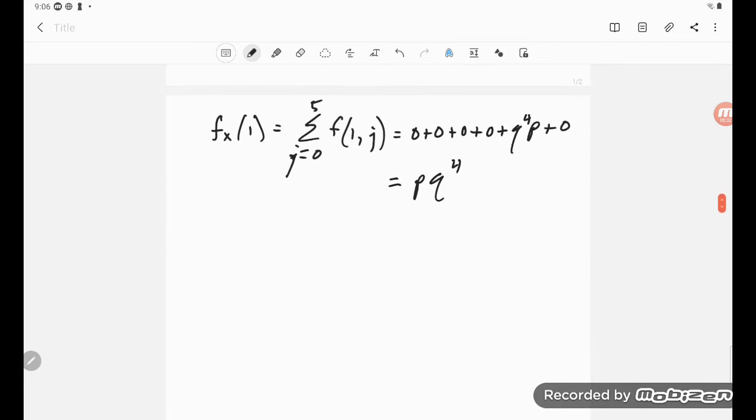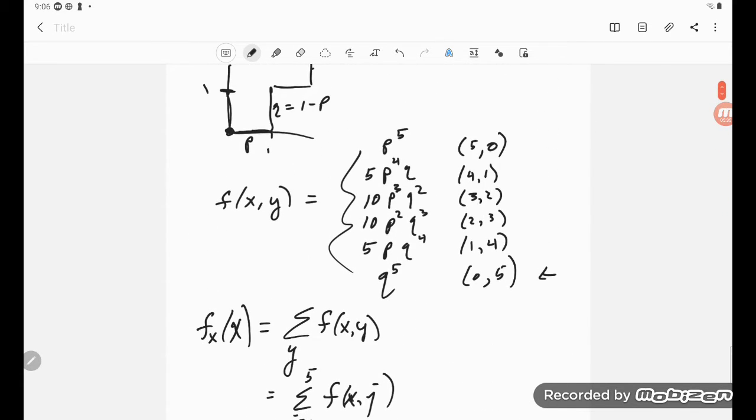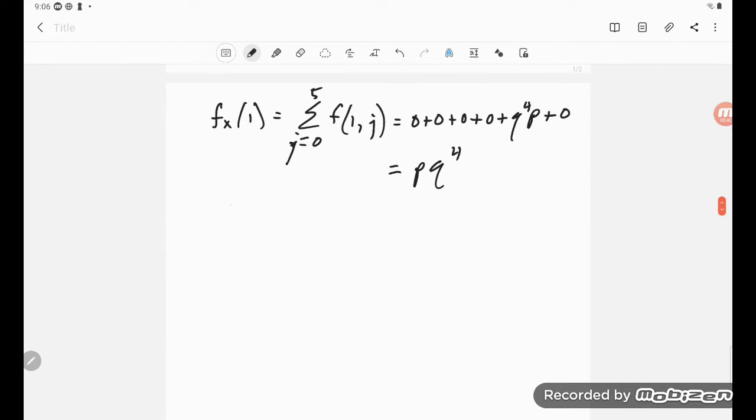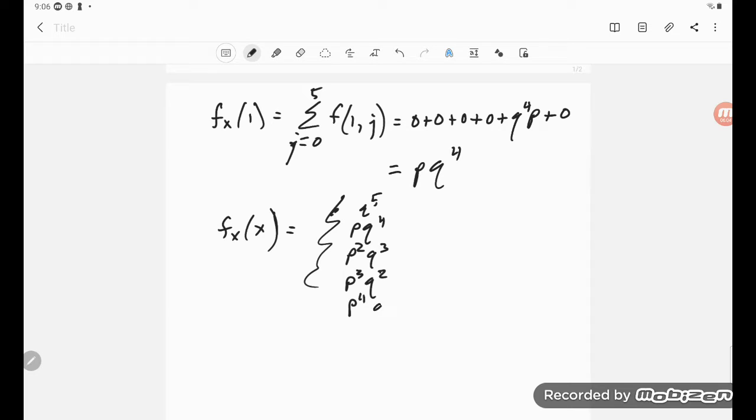And if we keep this up, we see that actually we just get this list up here in reverse order. And so f_X of x is equal to q to the fifth, p q to the fourth, p squared q cubed, p cubed q squared, p to the fourth q, and p to the fifth for those cases.